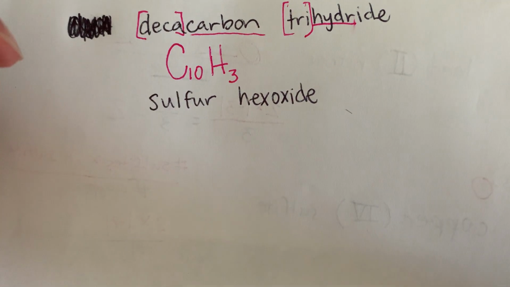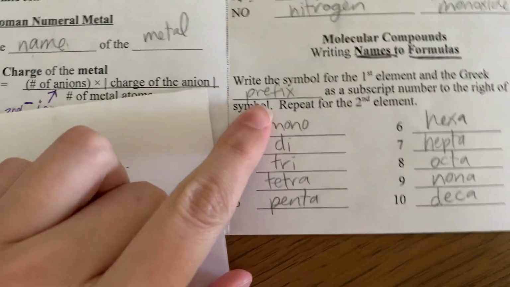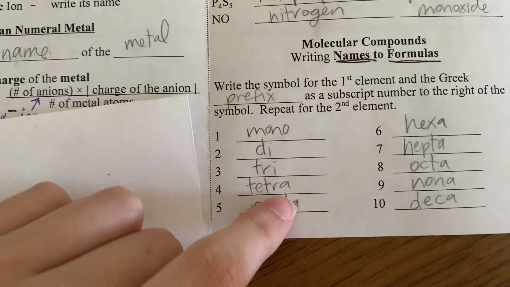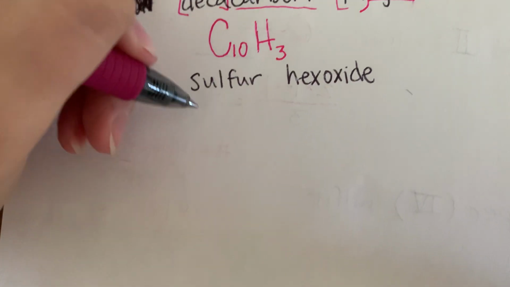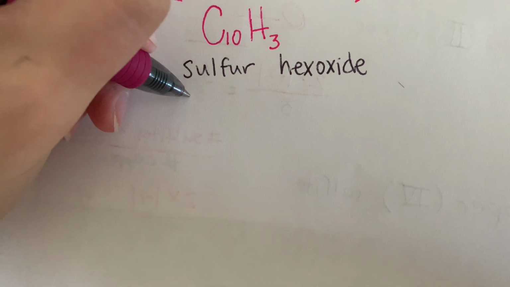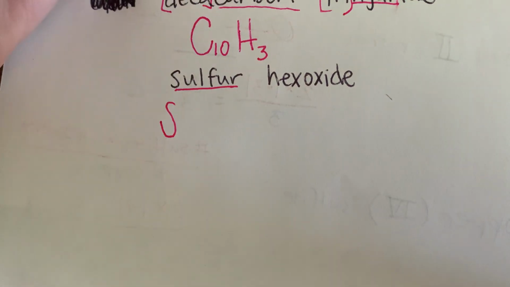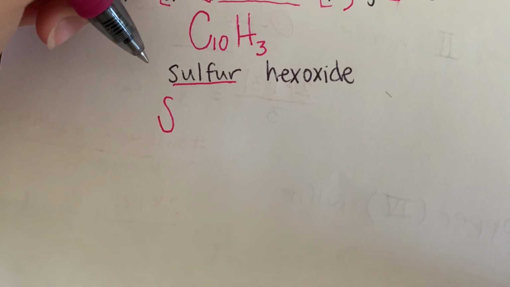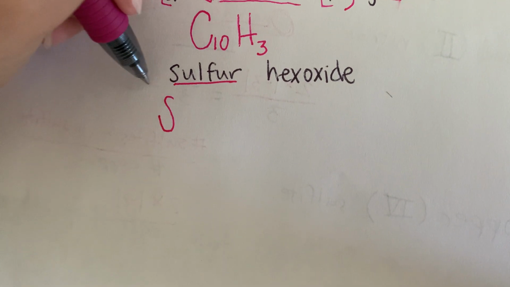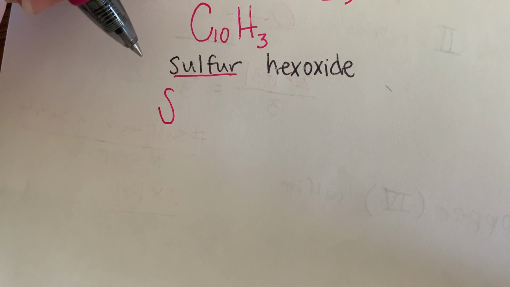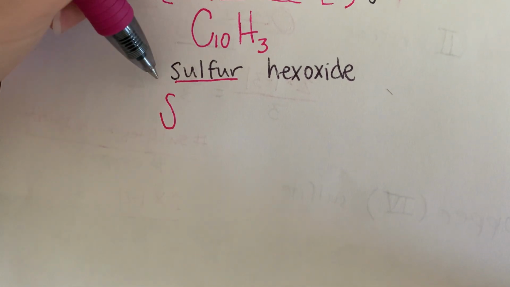Sulfur hexoxide. First thing I'm going to do is write the symbol for the first element and then its Greek prefix. So sulfur, oh wow, they gave that to us. It's just a big S. But then there's no prefix, so what are we supposed to do?